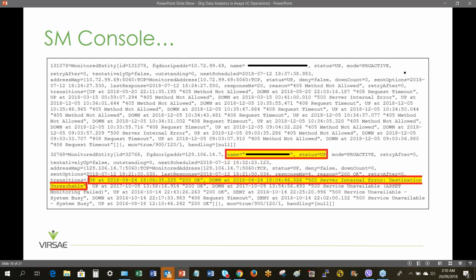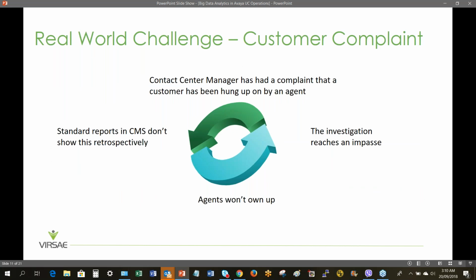The problem at the time was a SIP error message of 500 server internal error. So once again that information is there, but very difficult for a human to consume. And of course you have to be mining this information and retaining your syslogs and console output to have the ability to go back and look at this.